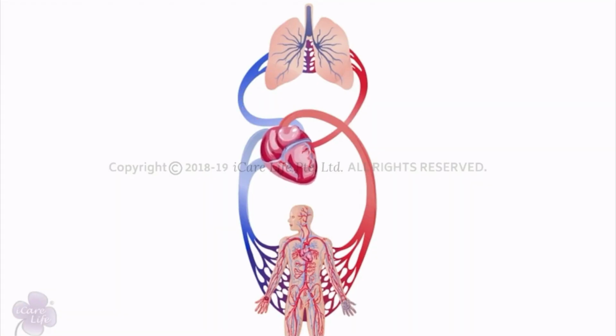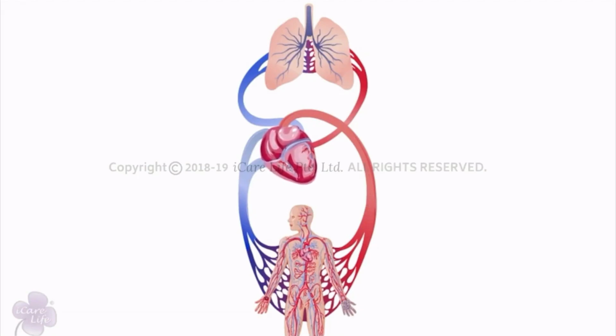In the lungs, the blood expels the carbon dioxide and picks up oxygen to become oxygenated. Then, the oxygenated blood flows from the lungs to the heart. From the heart, the oxygenated blood flows to the different parts of the body.